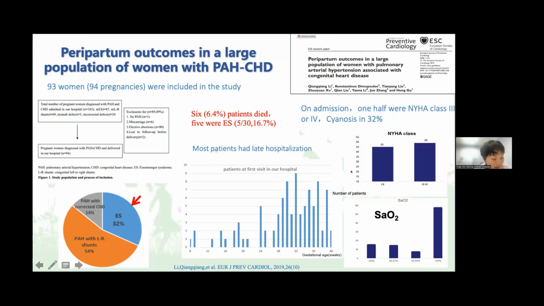And this study included 93 pregnant women with PH and congenital heart disease, and 32% of the patients had Eisenmenger syndrome, and the mortality is much higher than that reported in Europe. Most patients had late hospitalization, and on admission, half were WHO function class 3 or 4, and cyanosis was found in 32% of the patients.